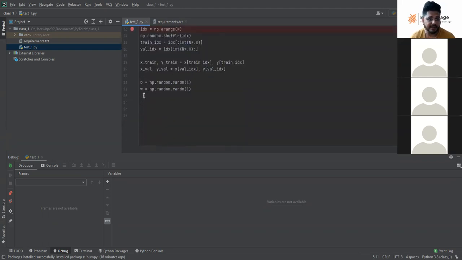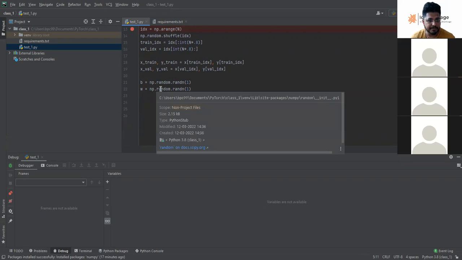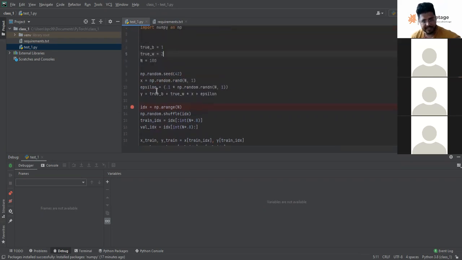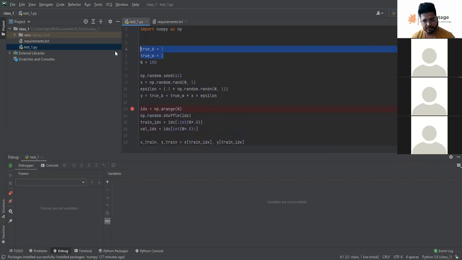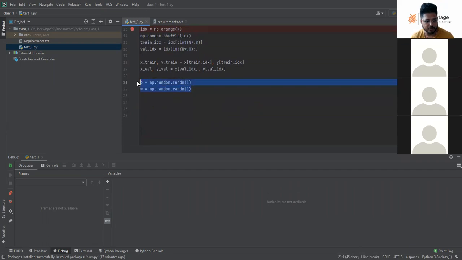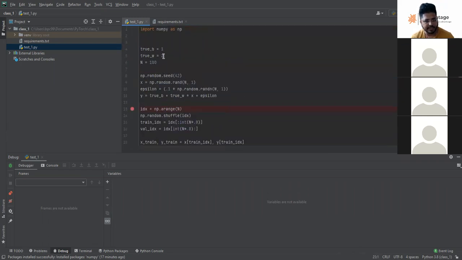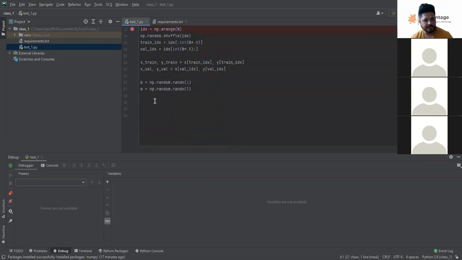This is B and W. What is the difference between B and W and true B and true W? B and W are the values we want to find that best fit this true B and true W. That is our goal. This is going to change, but the true B and W are fixed. We use them to generate our data.